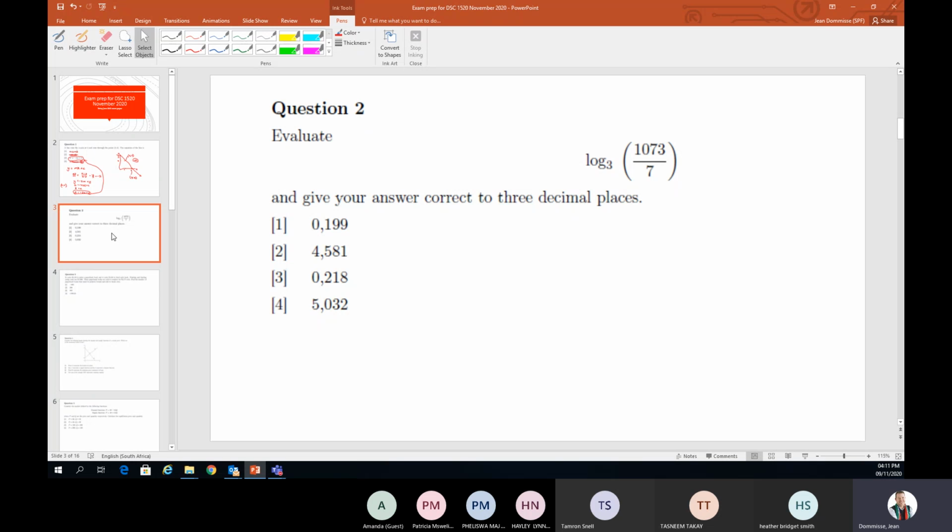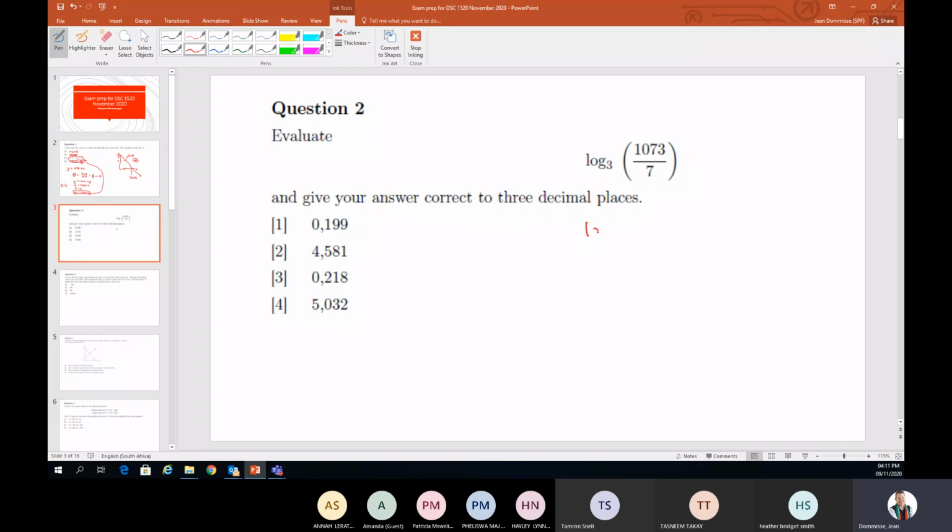Okay, so let's look at the log function. And here again, depending on the calculator that you can use, you can put this into the calculator. But you can use the calculator, I just want to show what the log rules are.